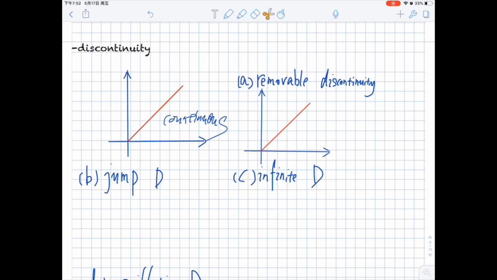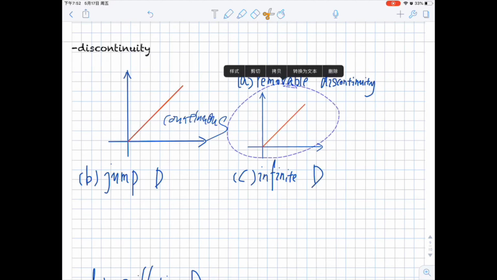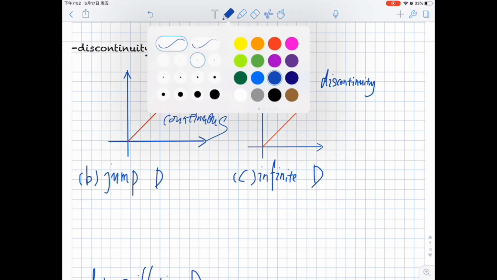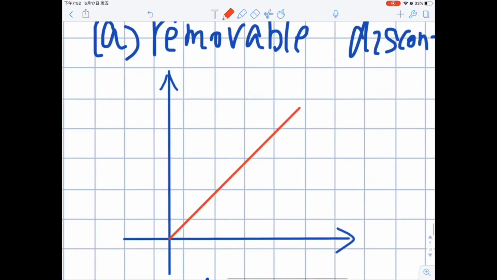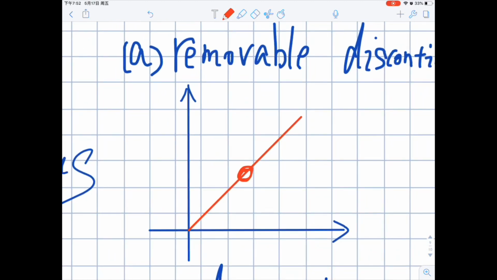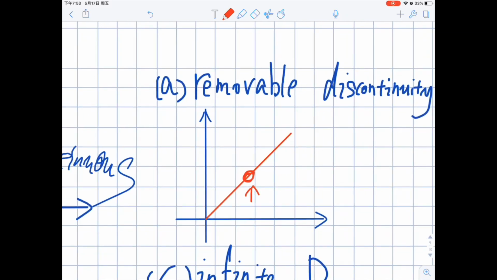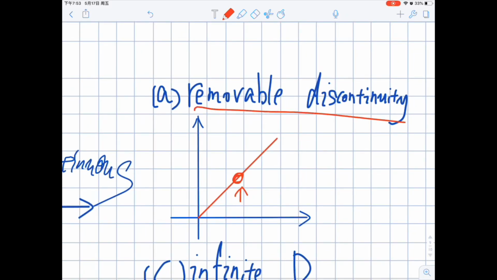First one, removable discontinuity, which means there's a hole somewhere in the function. Let's just pretend it's a hole. So when we get to this part of the function, suddenly it's just not connected together. So this is called removable discontinuity.